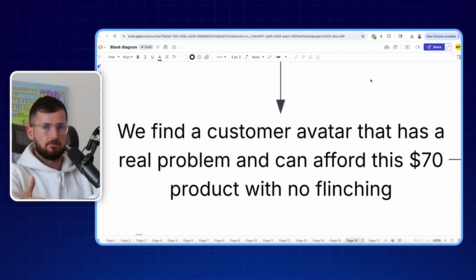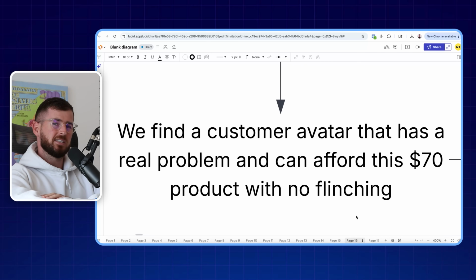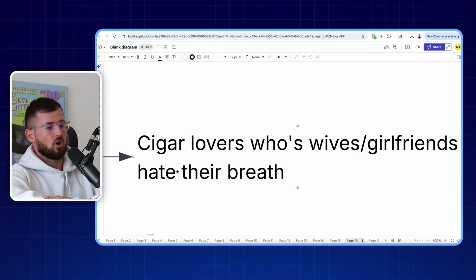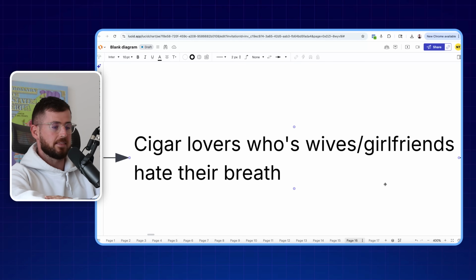A more affluent demographic can comfortably spend $70 without having to worry about, oh, wait, this is a lot of money. And then the second thing is this person still needs to have a real problem, right? It may not be trying to get laid, it might not be wanting to kiss girls, but they still have somewhat of a problem where they need to freshen their breath. Now, for us, this actually ended up becoming cigar lovers whose wives and girlfriends hate their breath.